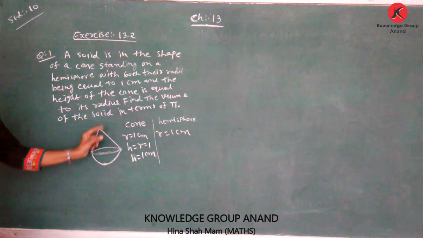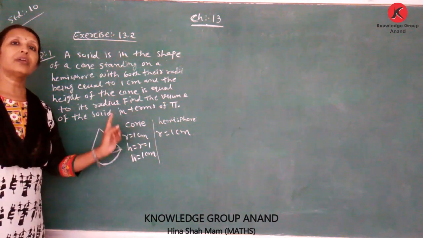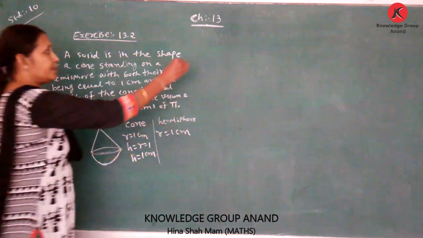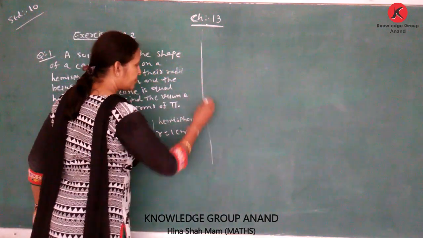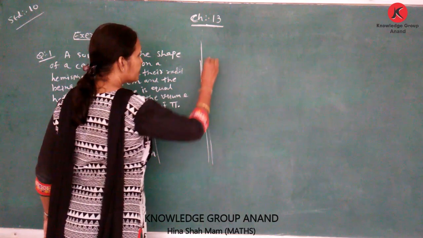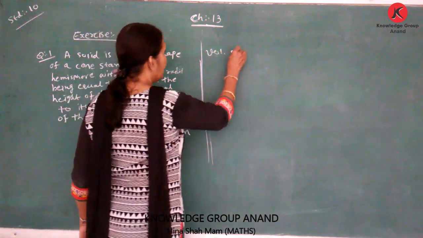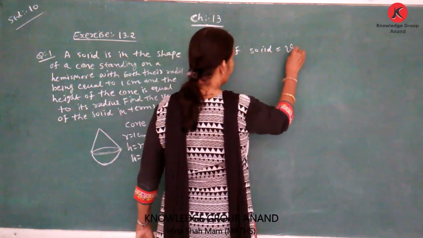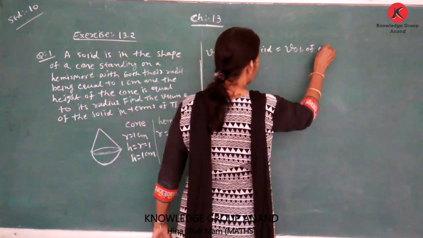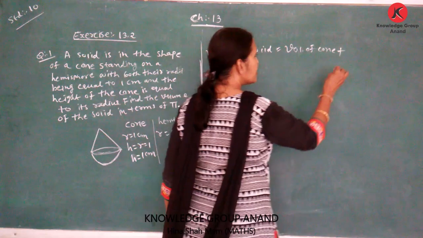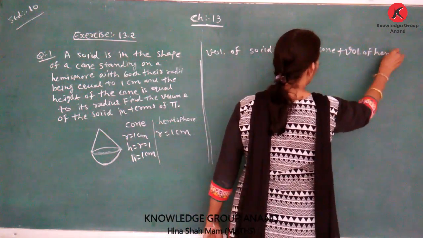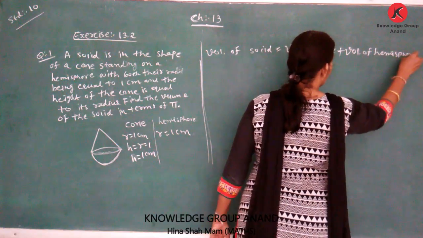Volume of solid is equal to volume of cone plus volume of hemisphere.